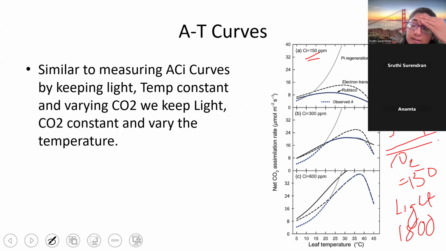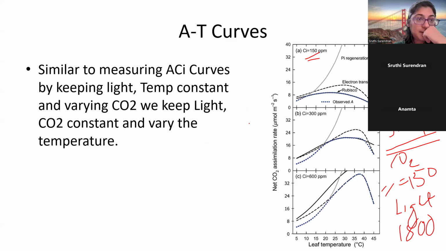You change only the temperature and measure the photosynthetic rate. Multiple curves can be made for different levels of carbon dioxide, and from such AT curves we can obtain the temperature response parameters.